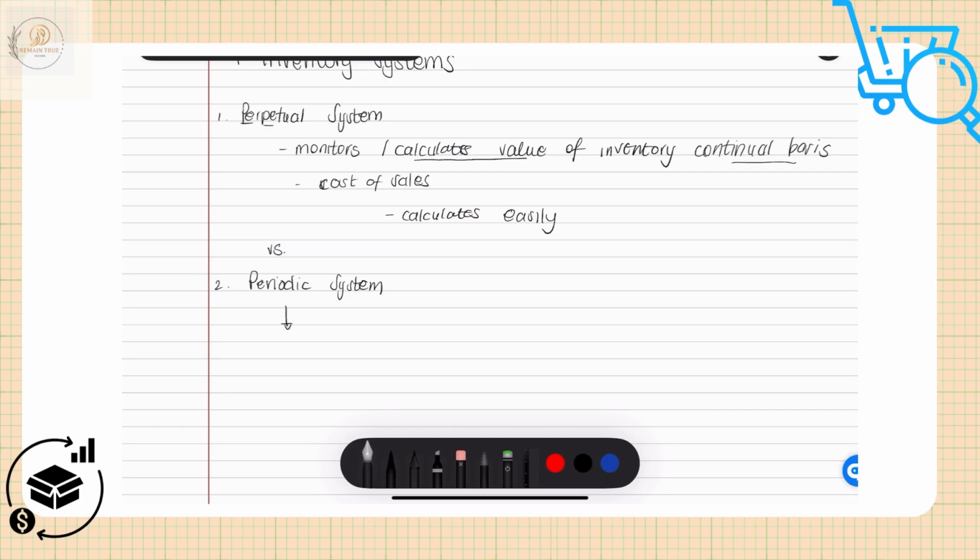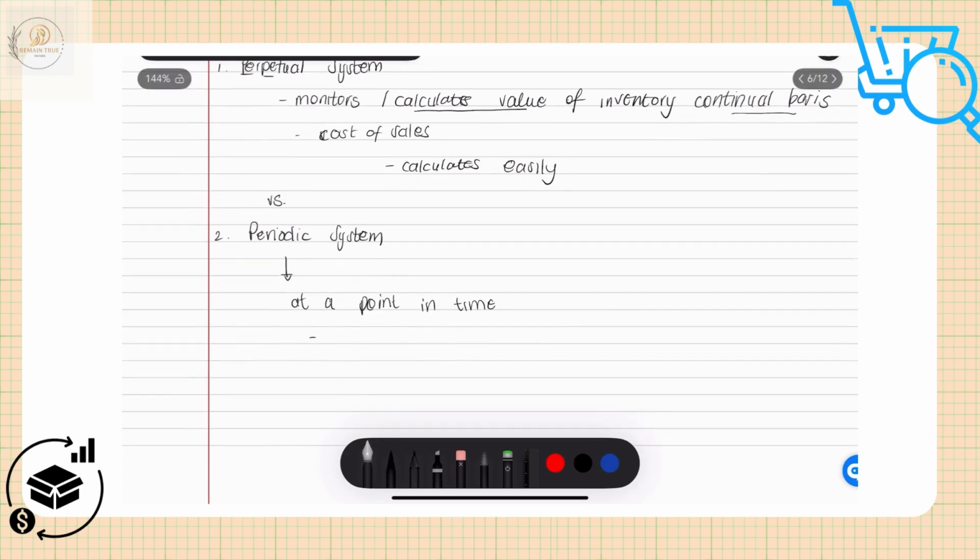Let's think of periodic. What do we think of when we think of periodic? Not the periodic table for physics, no, periodic. A period. It happens for a period of time, at a point in time. Therefore, we can say that inventory is calculated when we need the value.